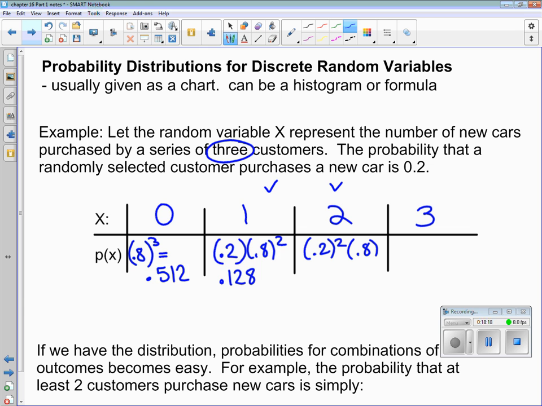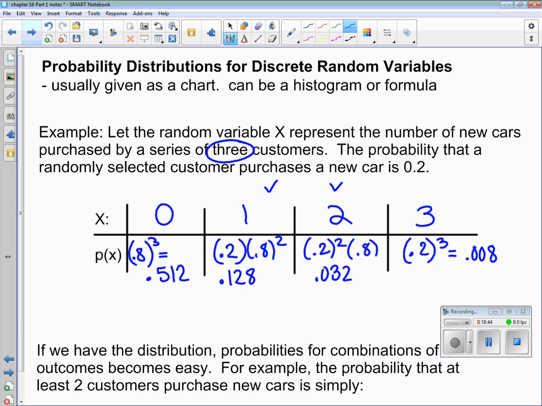So 0.2 squared times 0.8. Maybe 0.032. And then I have all 3 people bought the car. That's 0.2 to the third. And that's going to be 0.008.